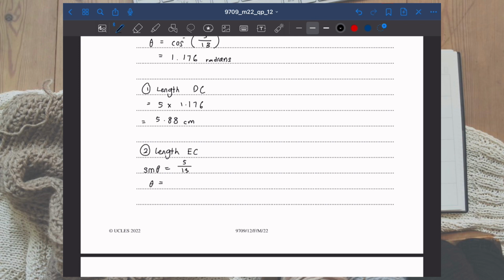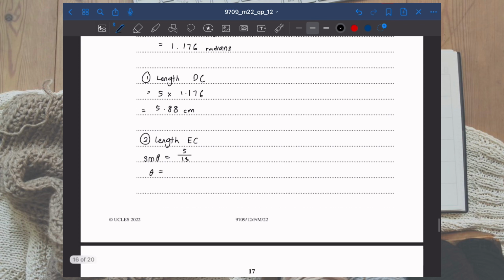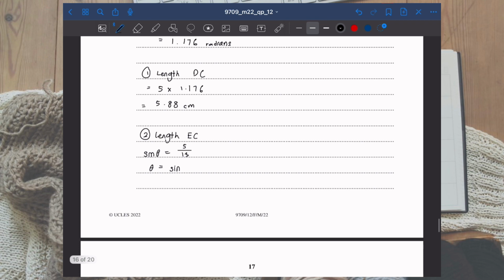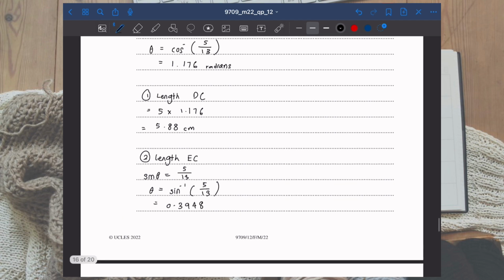So theta will be arc sine 5 over 13. So that will be 0.3948. I'll use four significant figures.